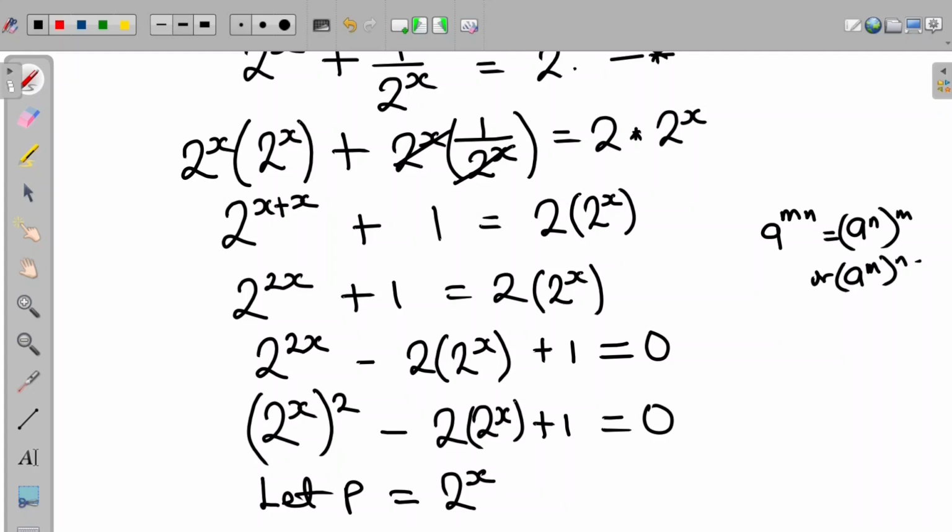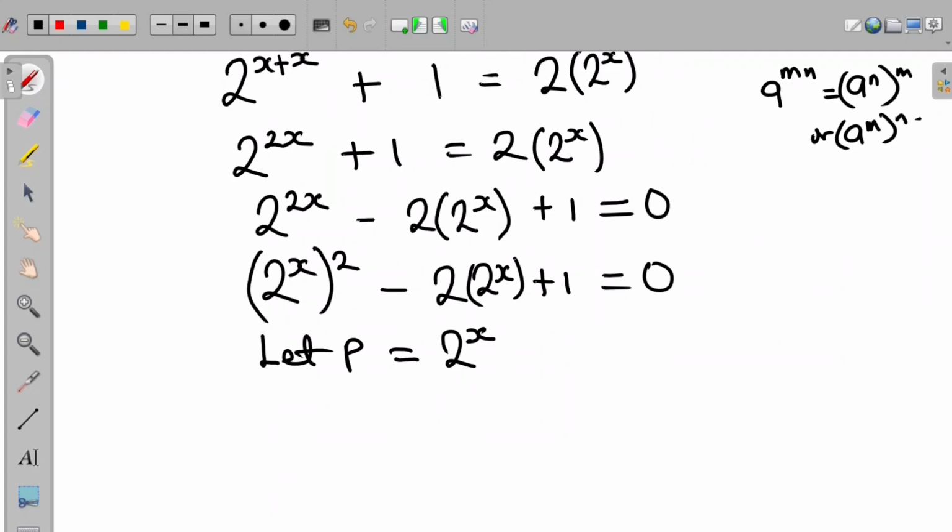So if p is equal to 2 to the power of x, we have it now that the equation will reduce to p squared minus 2p plus 1 equal to 0. Now we have a quadratic equation, which we can solve with any method that is used to find the solution of a quadratic equation. Now at this point, I will be using the factorization method.